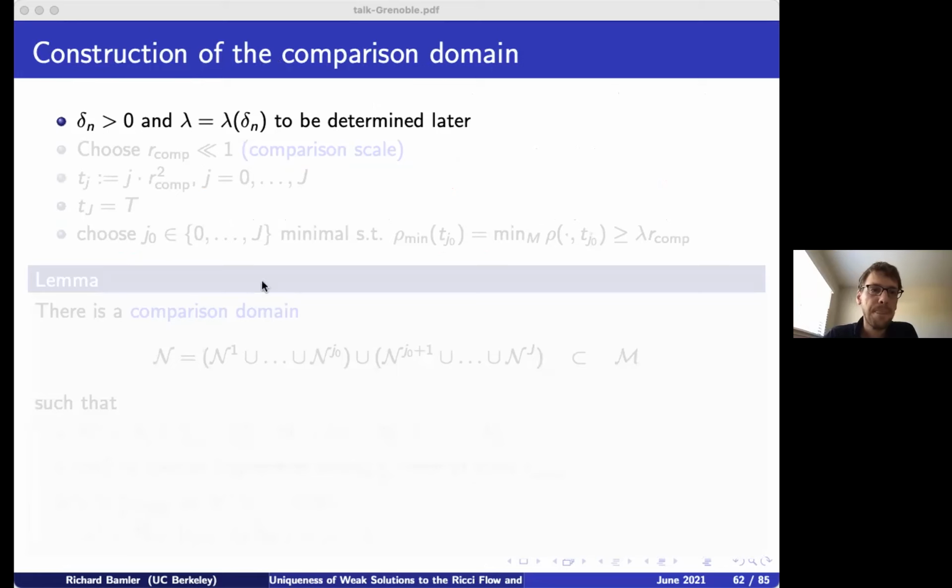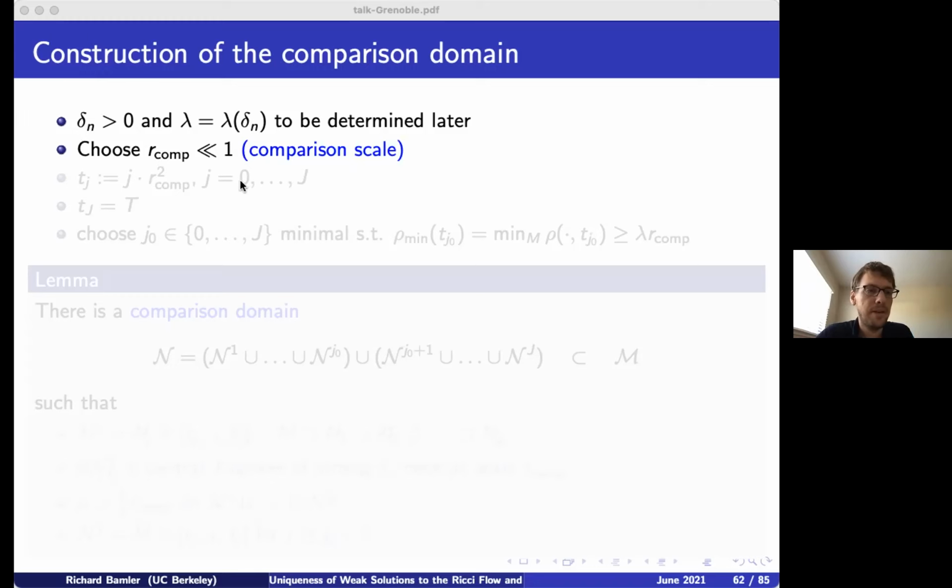What I'm going to do in the following is fix some constant delta N, which will be some kind of precision of strong delta N neck. I'm also going to choose some scale lambda, which will depend on delta N. I'll determine those later. Then I'm going to choose a scale, which I'll call R-comp, the comparison scale.